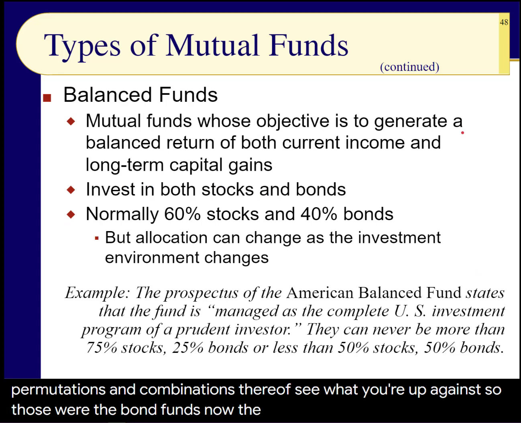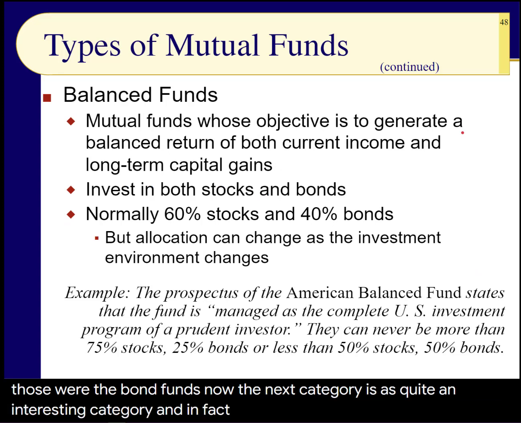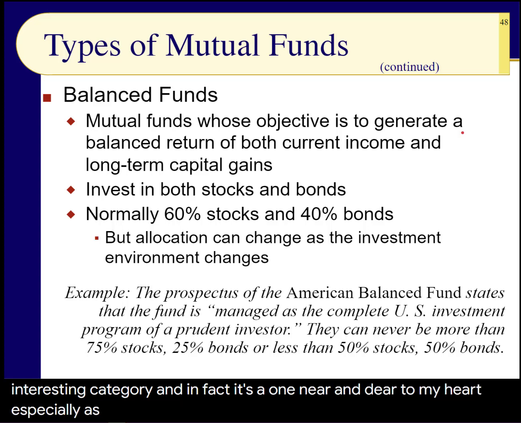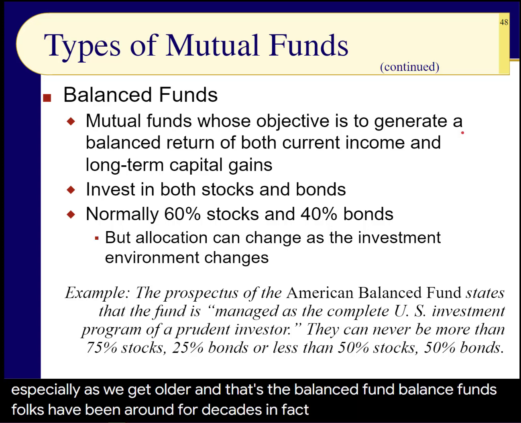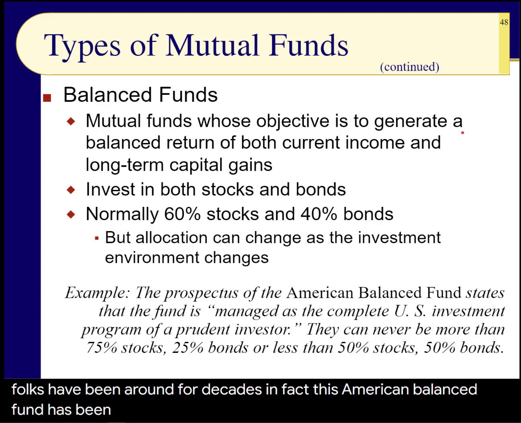Now, the next category is quite an interesting category, and in fact, it's one near and dear to my heart, especially as we get older, and that's the balance fund. Balance funds, folks, have been around for decades. In fact, this American Balance Fund has been around in one form or another since 1937. How's that for a generic name?